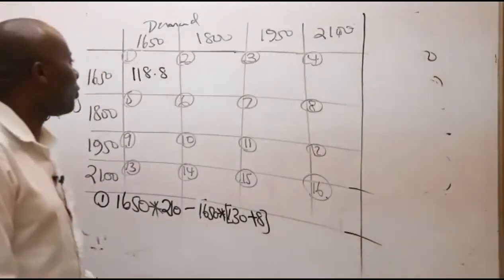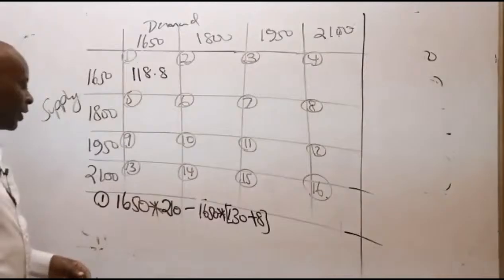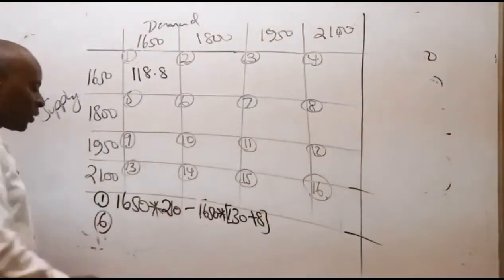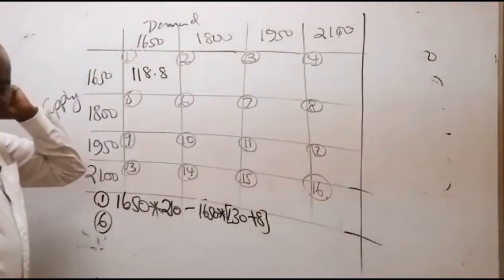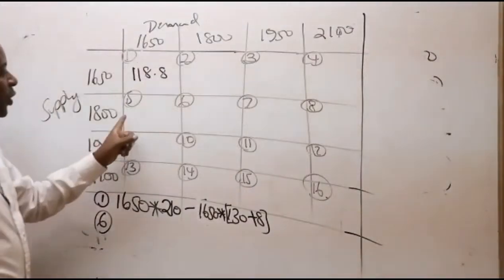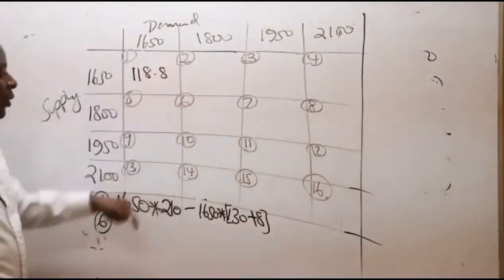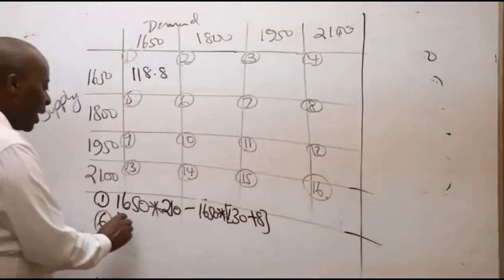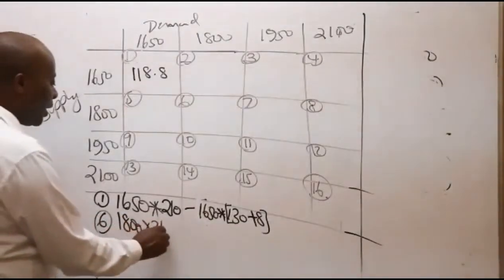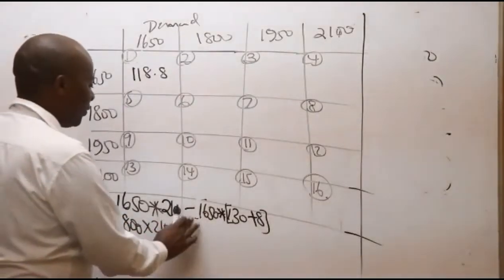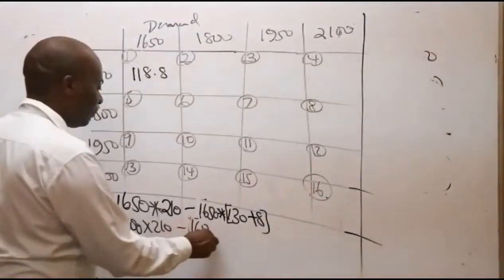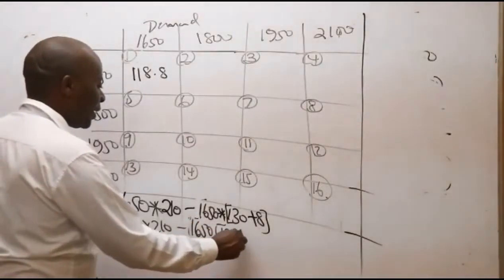Let us go first for the perfect matches. Perfect match number 6, I can see it's 1800 vis-a-vis 1800. So here I have 1800 times 210 minus 1650 into 138.